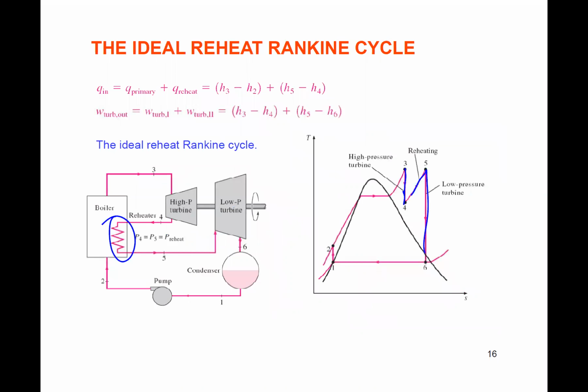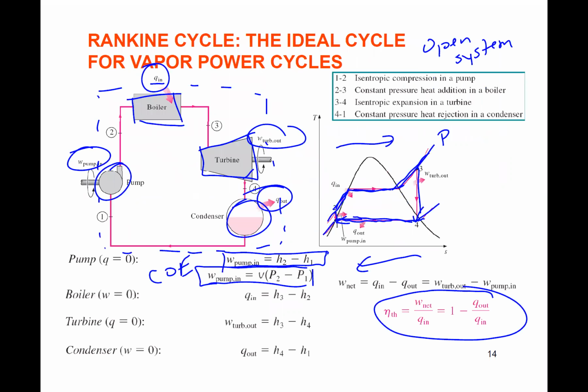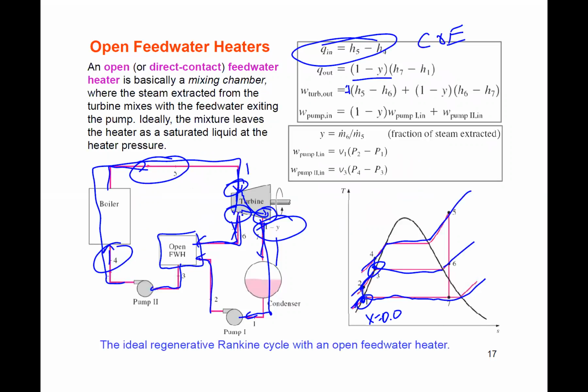You see that here and here. Okay, and then if we go through 4 to 5, we have our turbine that's isentropic that expands all the way to 7. We pulled some off at 6 to create 3, right? So we have 2 and 6 giving us this outlet at 3.